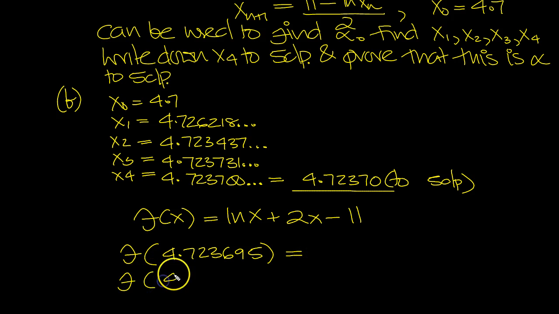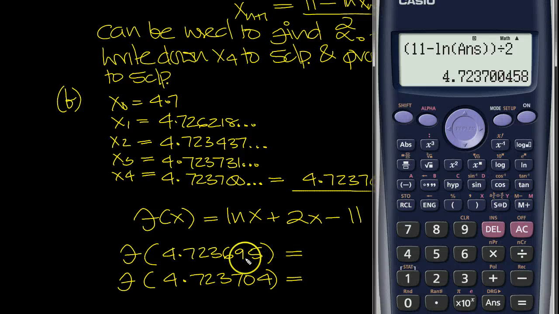And we also need to look at 4.723705. We need to show there's a change of sign between these two values for this function. Then for a root between these two boundaries, rounding to 5 dp will equal 4.72370, won't it?